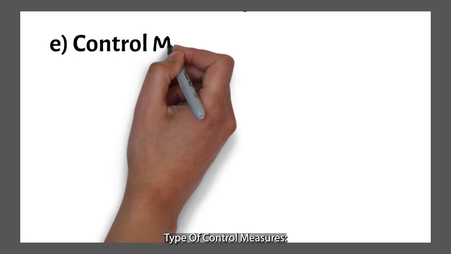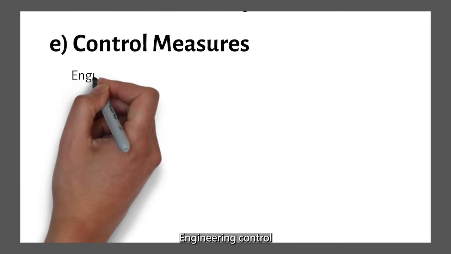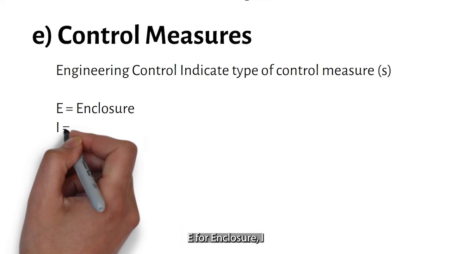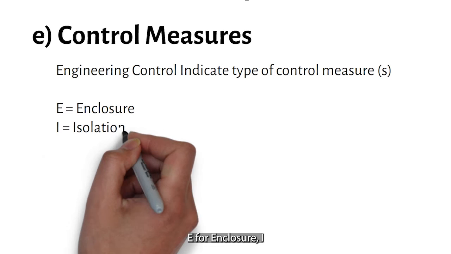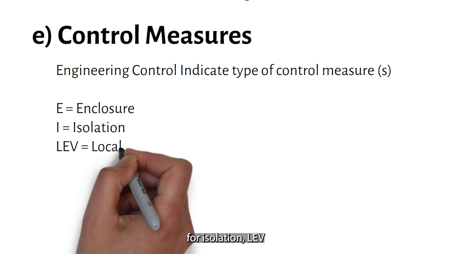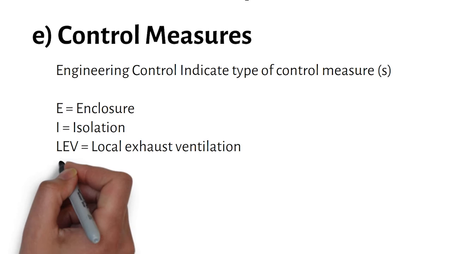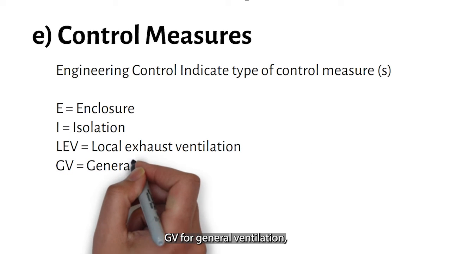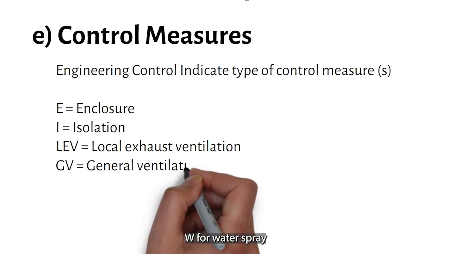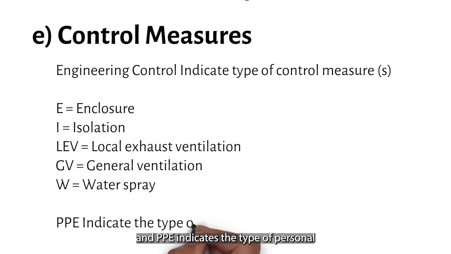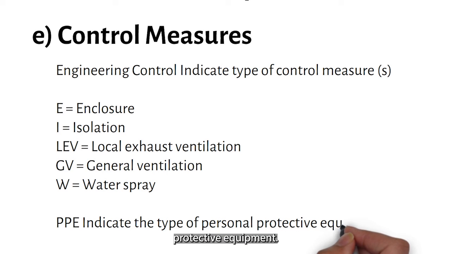Type of control measures. Engineering control indicates type of control measures. E for enclosure, I for isolation, LEV for local exhaust ventilation, GV for general ventilation, W for water spray, and PPE indicates the type of personal protective equipment.